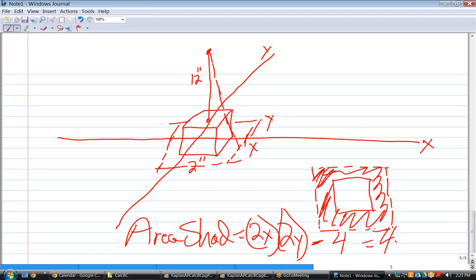Or 4xy minus 4. So that's the area of the shadow when the light is directly above. With me?